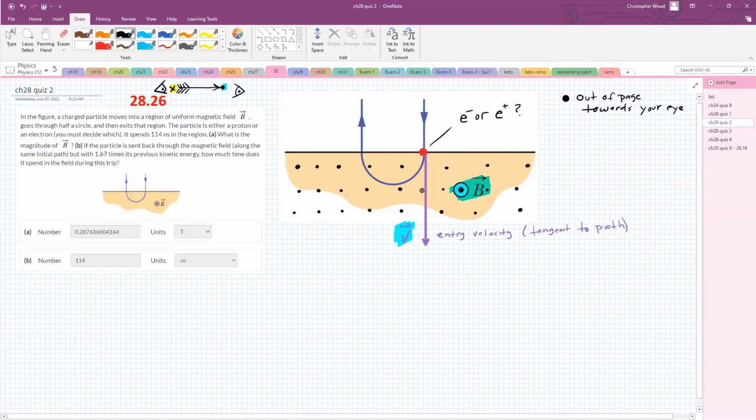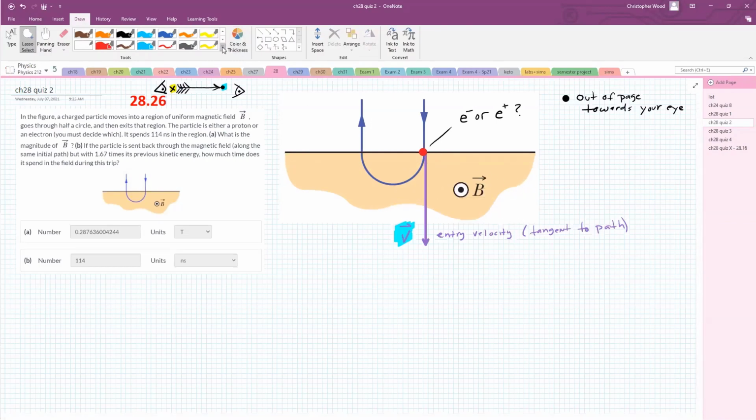Rather than draw all of these, which would be good practice, I'm just drawing one representative. This single dot signifies that everywhere in this shaded region, there is a magnetic field flowing out of the screen towards your eyeball.